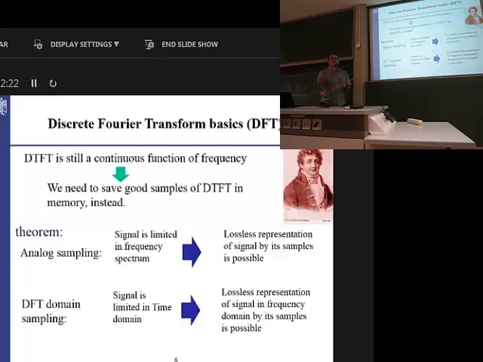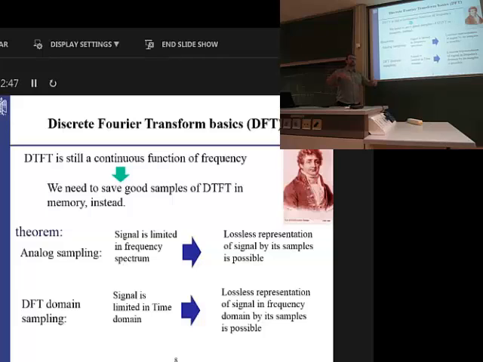We want to take some samples of this, which are a good representation of the signal. If we take those samples and keep them inside the computer and do the processing, or even do nothing, and just want to resynthesize it again, we can get this exact signal in the end.